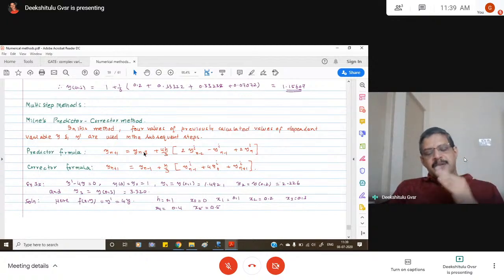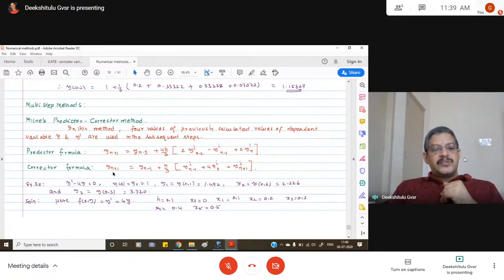How many previous steps are we considering? For y n plus 1, we use y n minus 1, y n minus 2 and y n minus 3. So the previous 4 level values of y at different levels. That's why it is called a multi-step method.